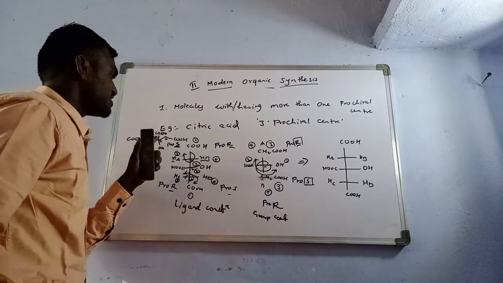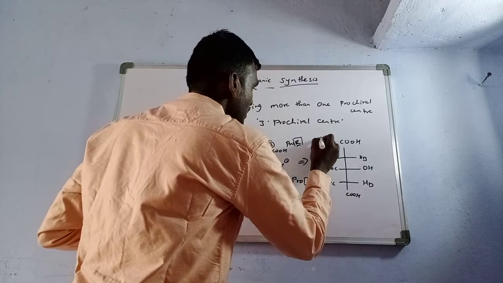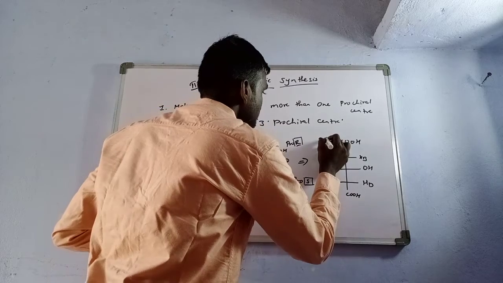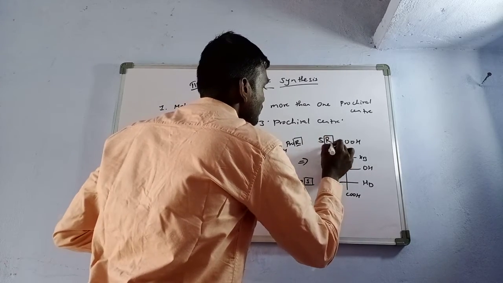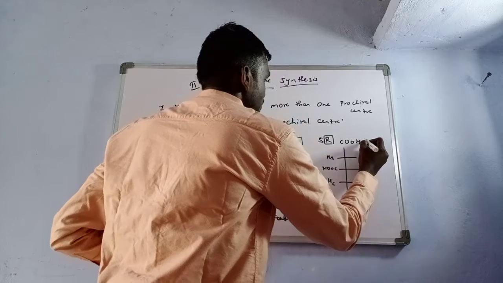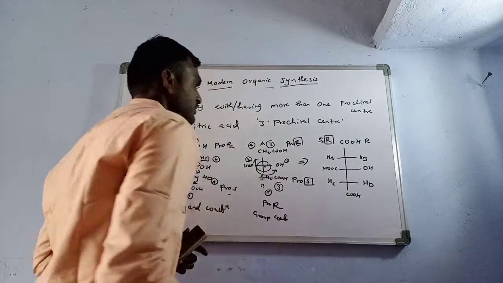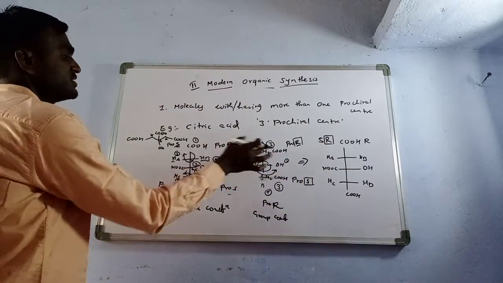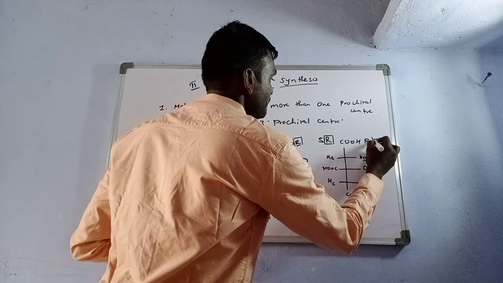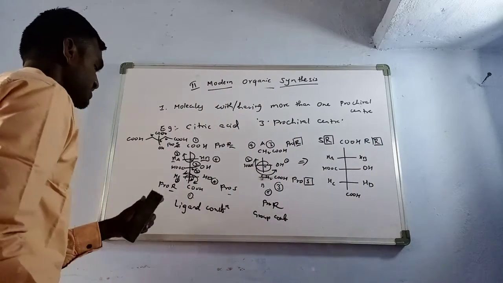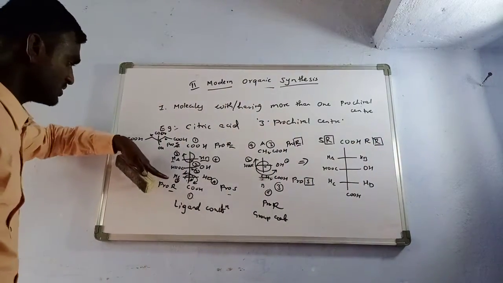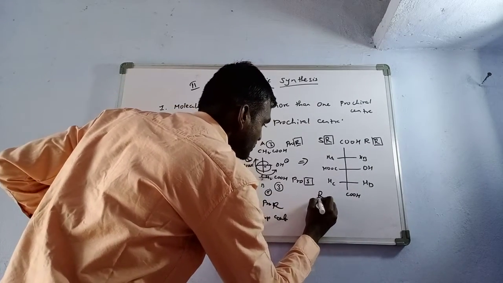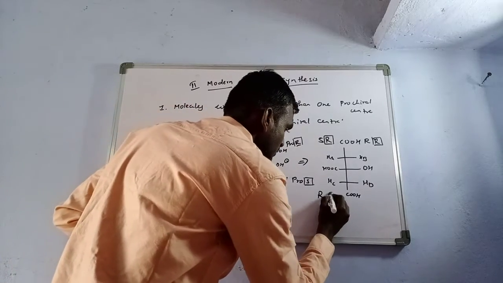So first for the HA molecule, the ligand configuration is S, and the group configuration is R. Okay, for the HB molecule, the ligand configuration is S, and the group configuration is R. In a similar way, for the HC molecule, the ligand configuration is R, and this is the group configuration.